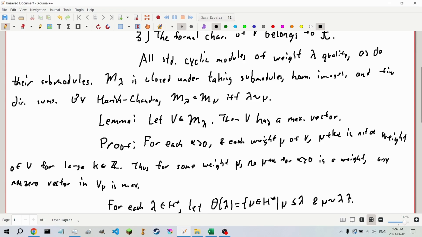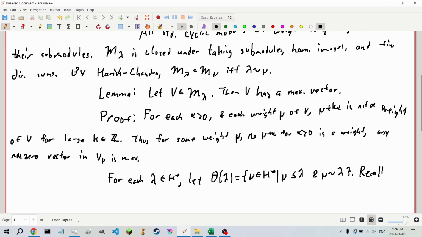Recall that mu being linked to lambda means that mu plus delta and lambda plus delta are Weyl conjugate. And so for our next result, we're going to use Harish-Chandra's theorem to limit the possible highest weights of the composition factors of our Z of lambda.